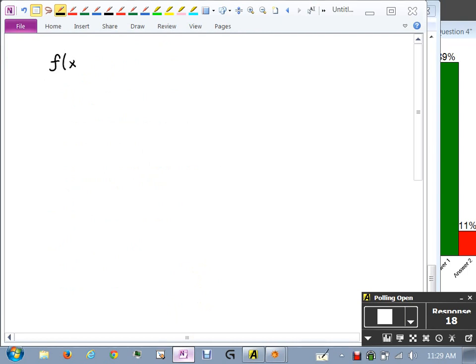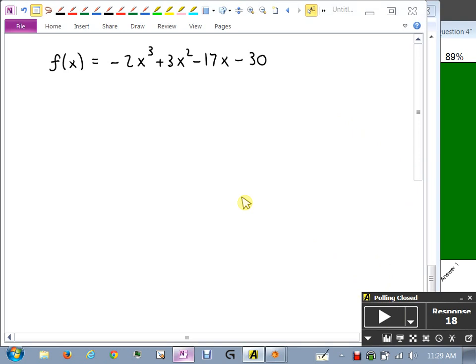It's -2x cubed plus 3x squared minus 17x minus 30. All right, step A, do we have a polynomial function? Step B, what's the left and right hand behavior?